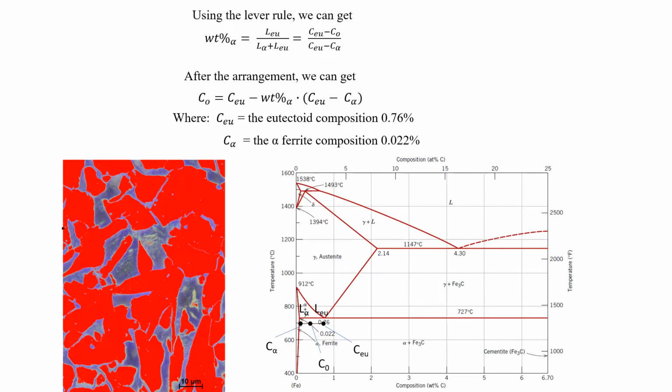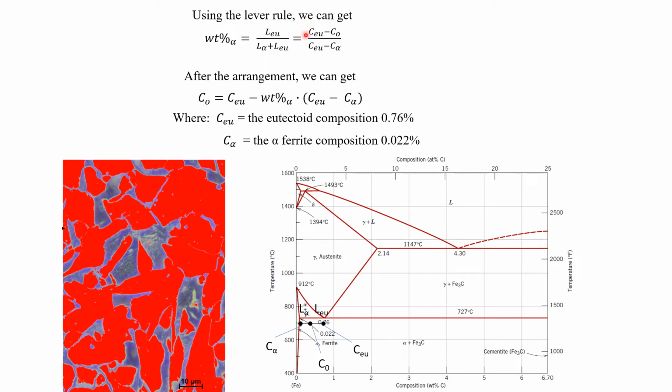Once we get that number, we can use the lever rule. As we explained, the lever rule shows that for a certain composition, the weight percentage of alpha is equal to the length on the other side, that is the length to the eutectoid, divided by the entire length between these two points. So we get an equation that looks like this.